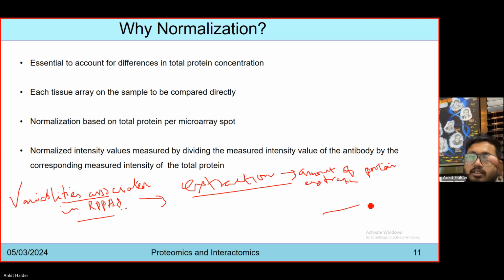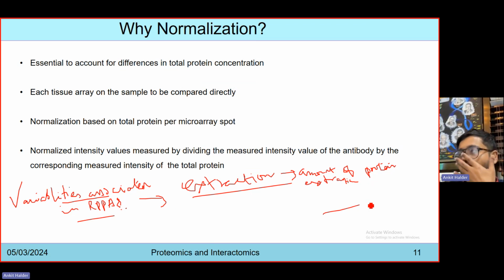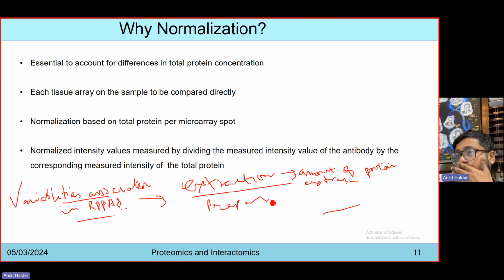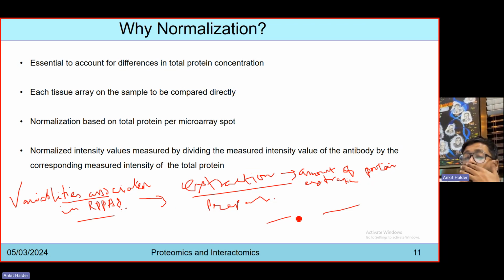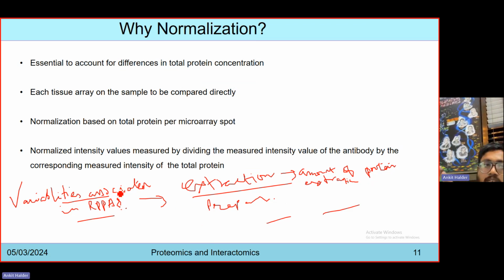You don't have any control over the amount of protein extracted, the lysis buffers, the amount of protein during the preparation of the array on the membrane, and the absorption. All these things are not in our control, and these are the places where variabilities get introduced in RPPA.